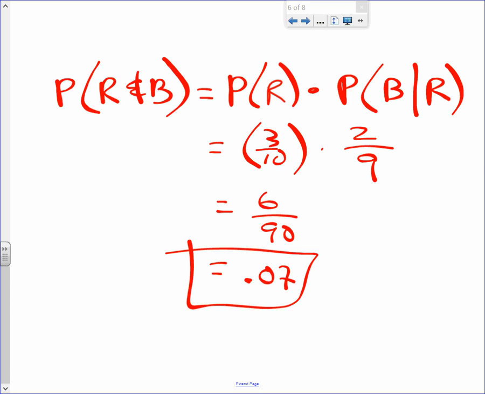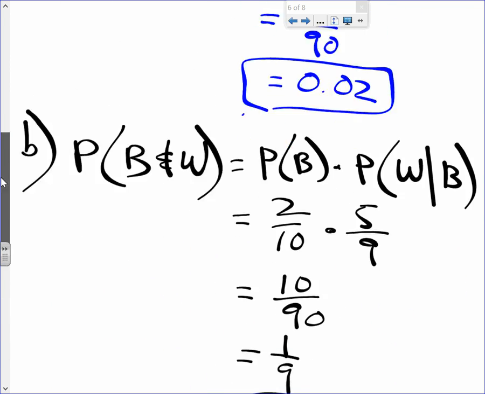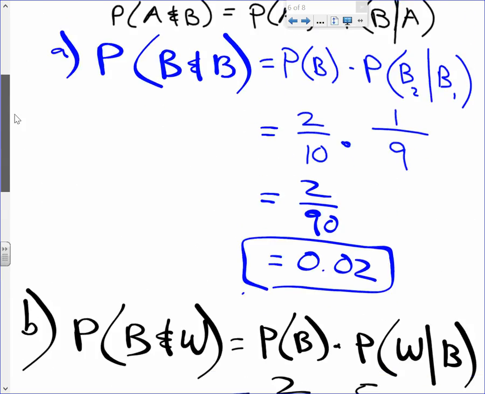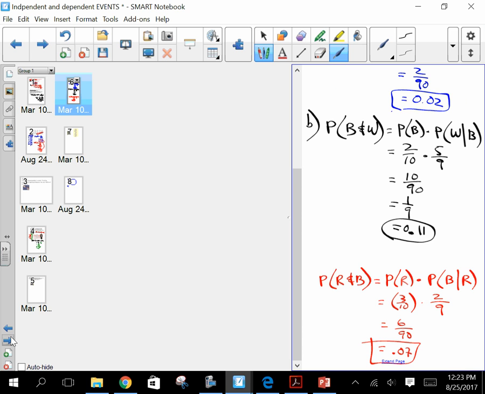Unlikely, but possible. 7%, 11%, 2%, depending on the situation. All right.